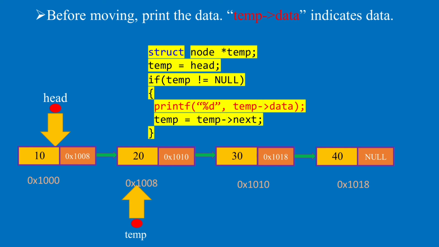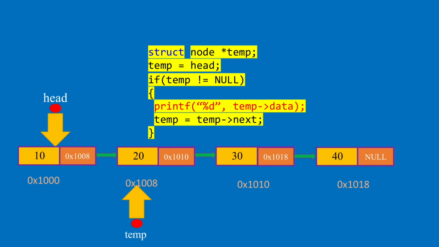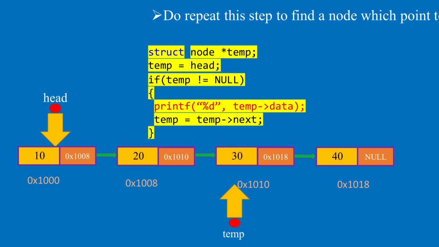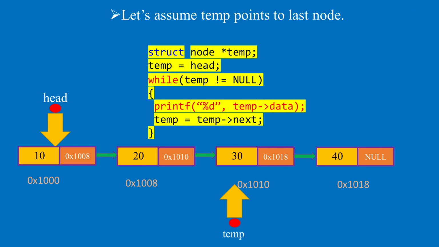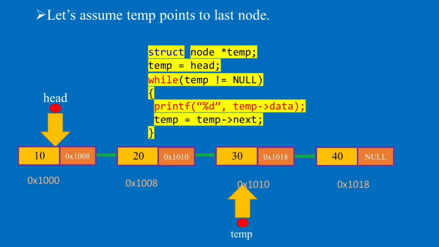Now, check whether the second node is null or not. As the second node is not null, move the pointer to the next node. Repeat this step to find a node which points to null. Let's assume temp points to the last node.